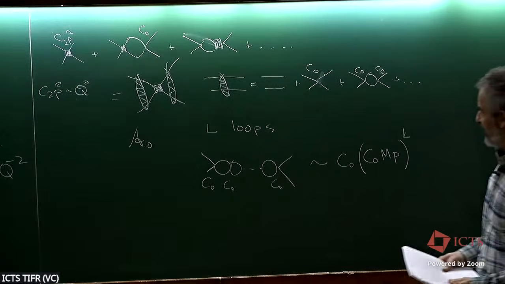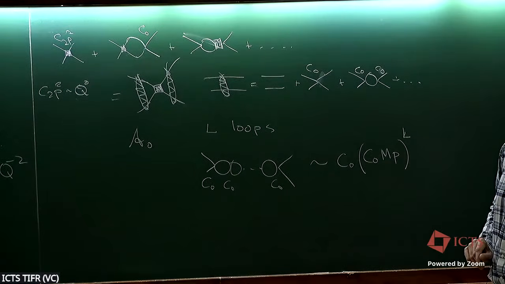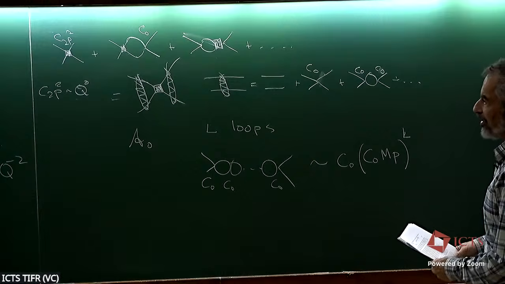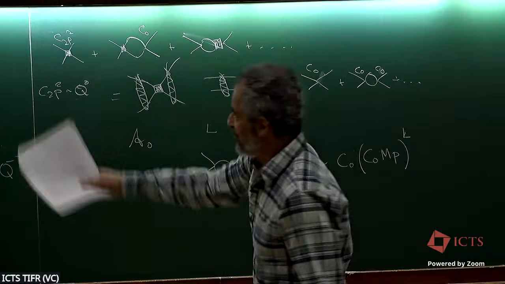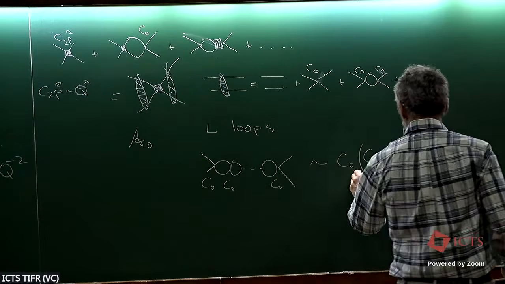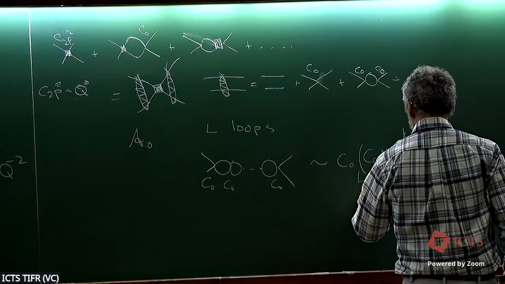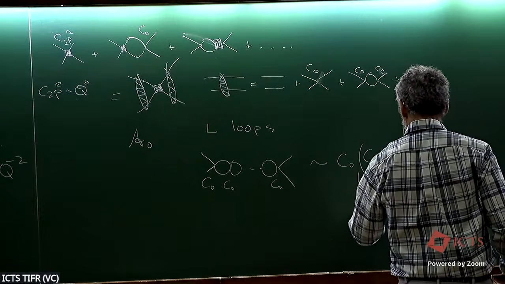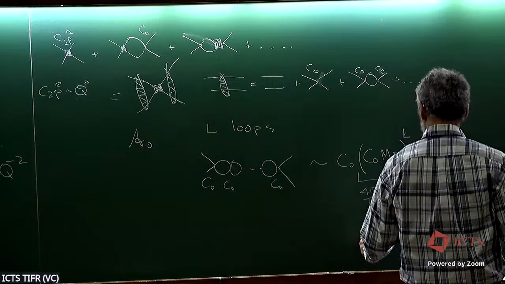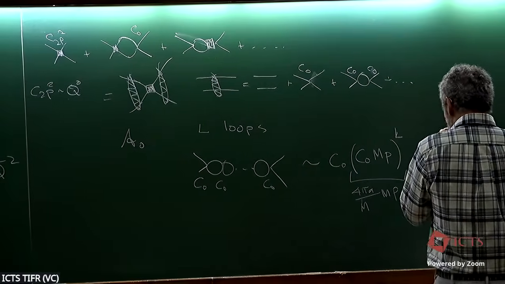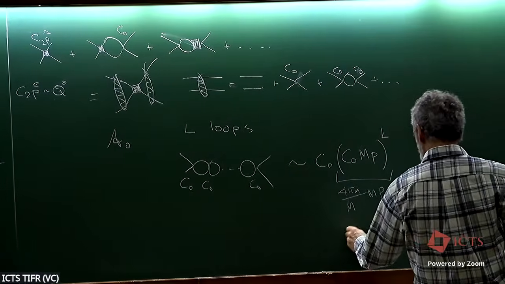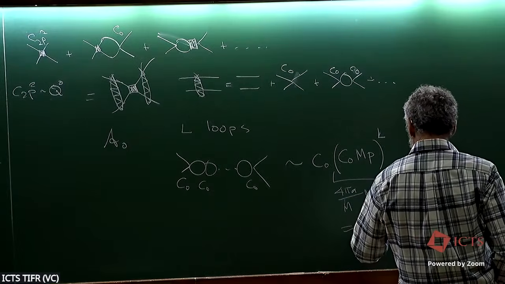And every time I add a loop, I have an extra C0. Now, when you plug in what C0 is, this is 4 pi A over M times MP, which is equal to 4 pi AP.